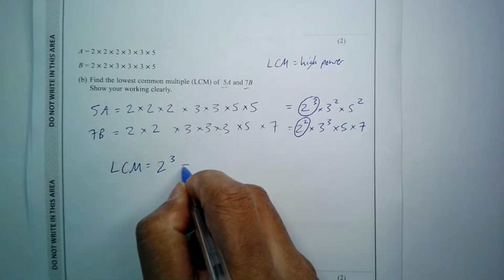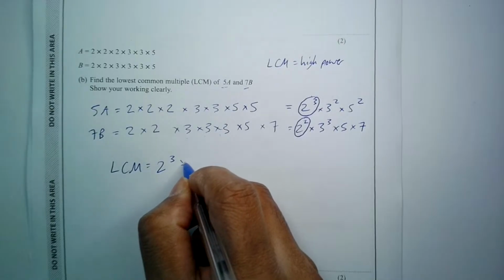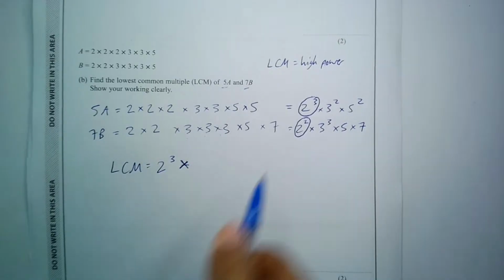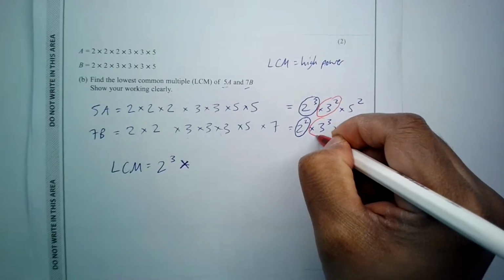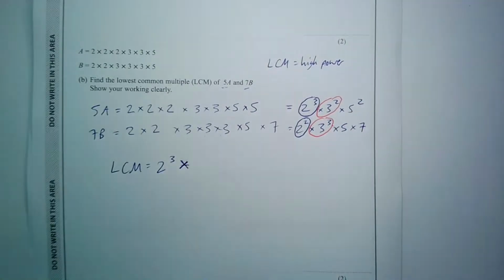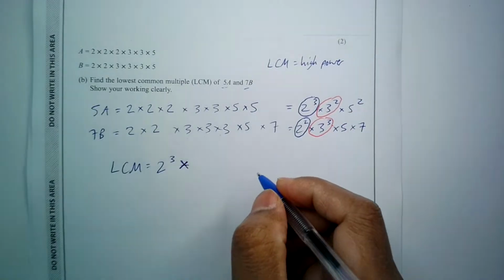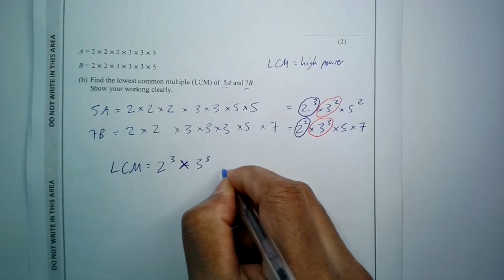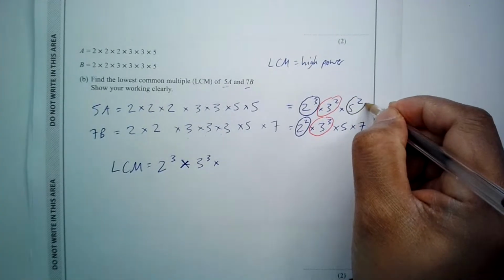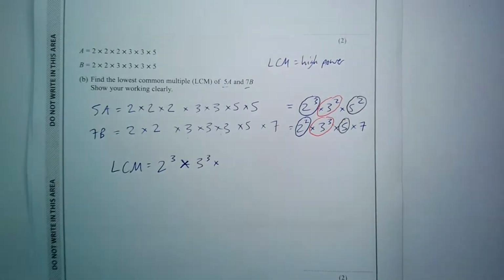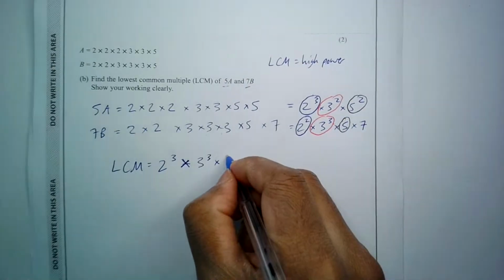Times by, I'll look at my next one. 3 squared or 3 cubed. 3 cubed is my larger power. 3 cubed times by next one, 5 squared or 5. It is 5 squared.